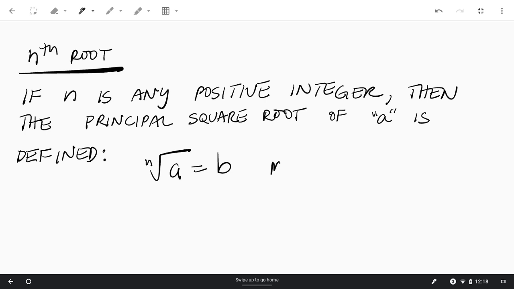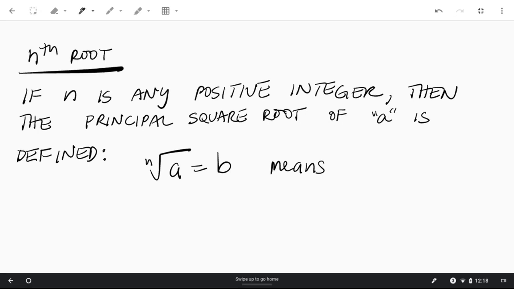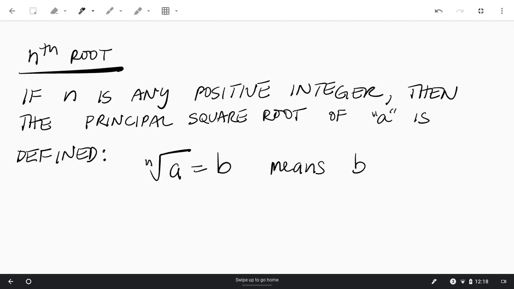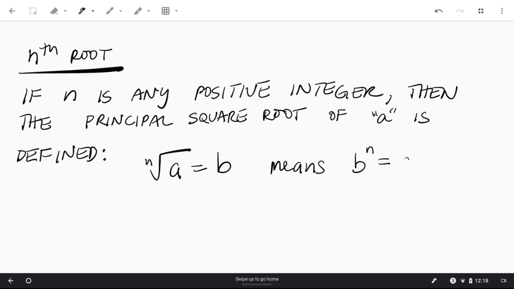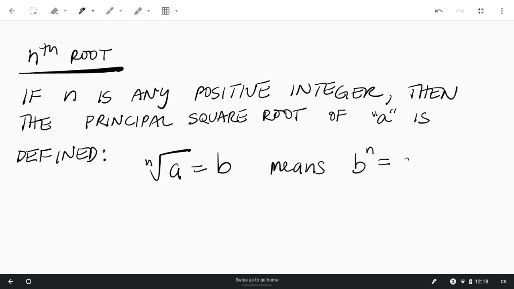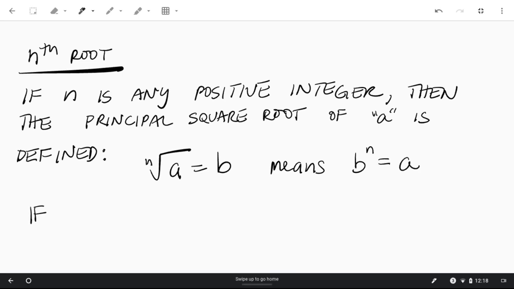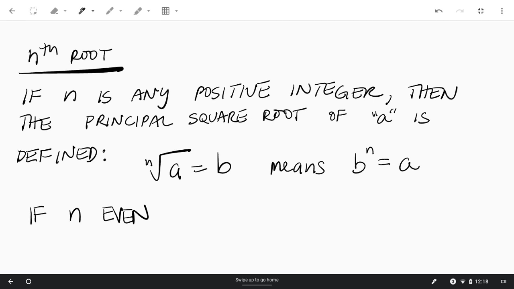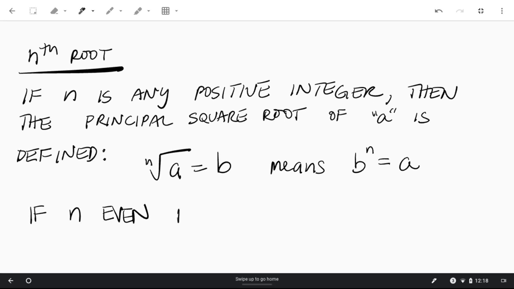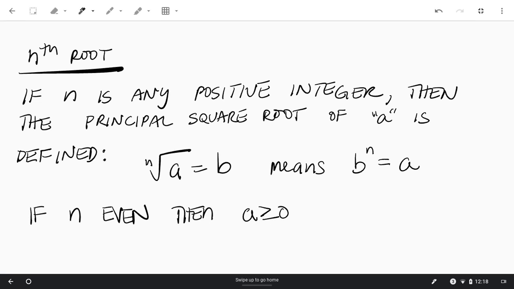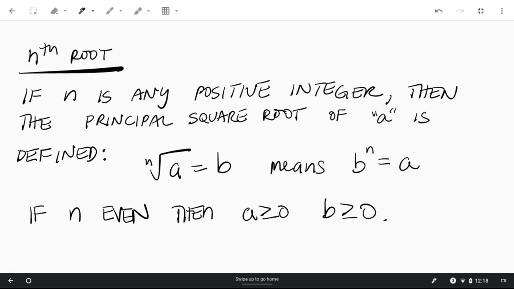Okay, so if you're taking the nth root of a and it equals b, then that essentially means that b raised to that nth power should give you that number on the inside of the radical, a. Okay. And if n is an even number, then a is greater than or equal to 0, and b is greater than or equal to 0. Okay.